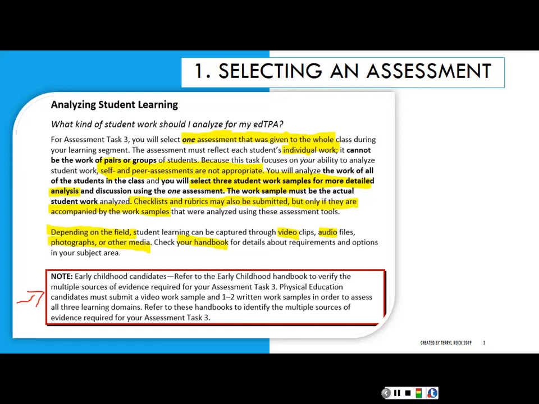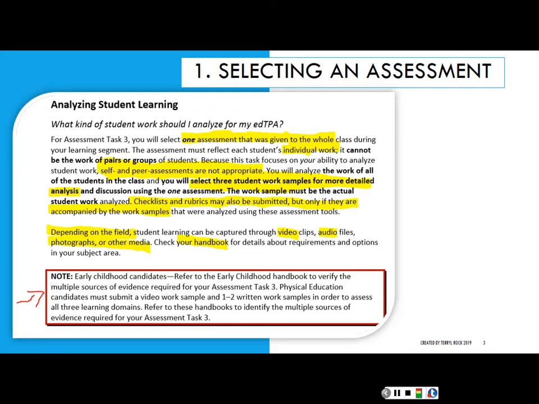That's important. I've had this question already. Can I use peer assessment or self-assessment? No, because the whole point of this is for you to show that you can analyze work and assess and analyze the assessments. You're going to then select 3 student work samples to get a more detailed analysis.